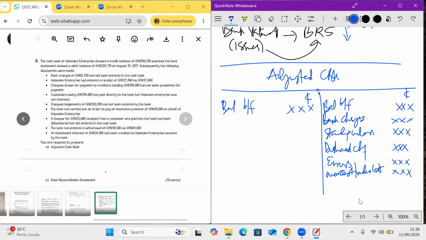There are many. On the debit side of the adjusted cash book, we are recording items which are in the bank statement but are not in the original cash book. So we can have dividend received.